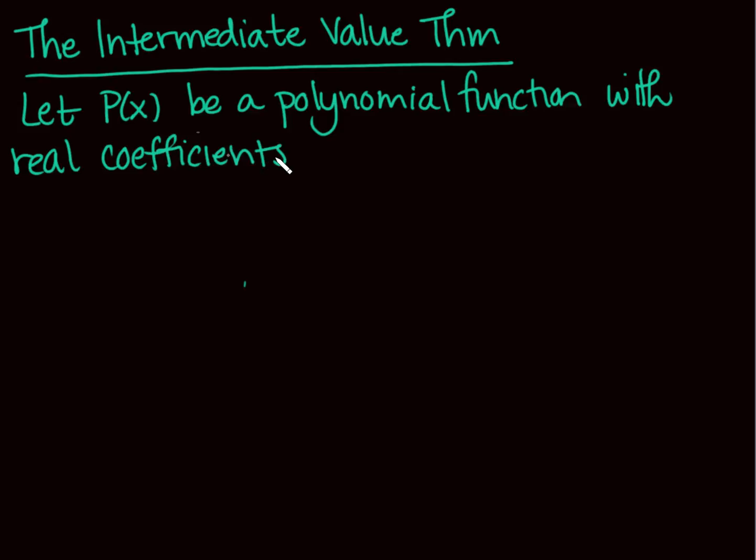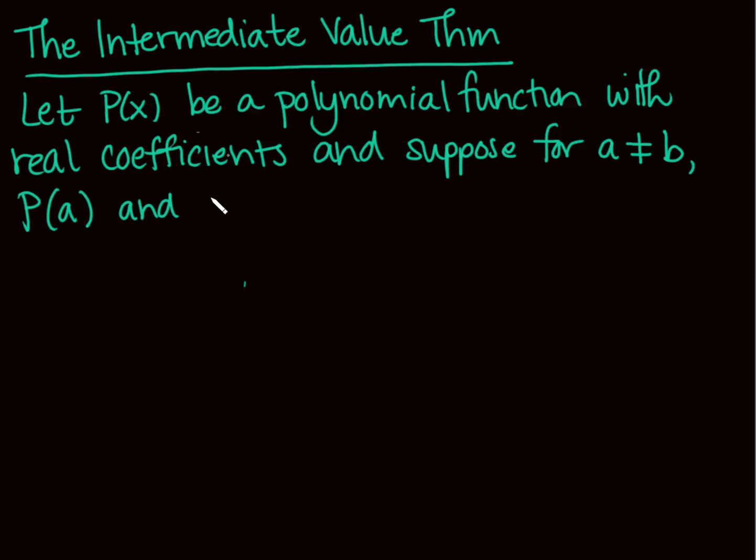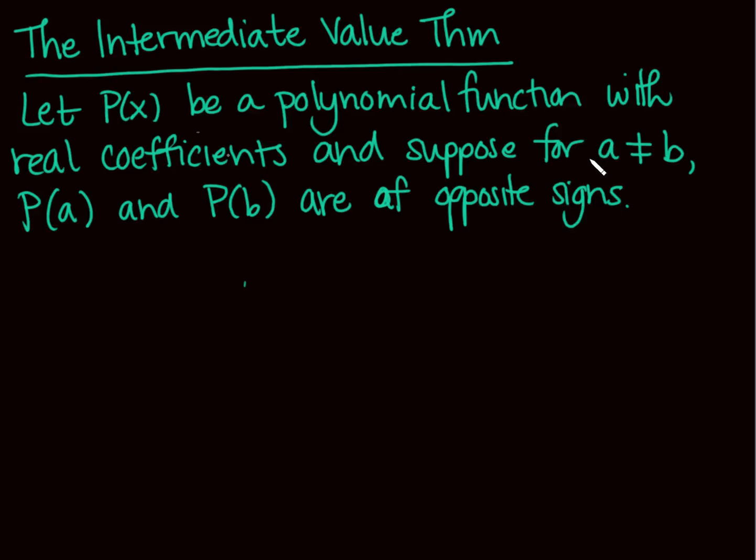With real coefficients, and suppose for some a and some b, and let's say that they're not equal, p of a and p of b are of opposite signs. All that says is that if I take p of a, I get a y value, maybe that's positive. If I take p of b, I get a y value that's negative. That's all that's saying, that I have one above the x-axis and one below the x-axis, that's all.